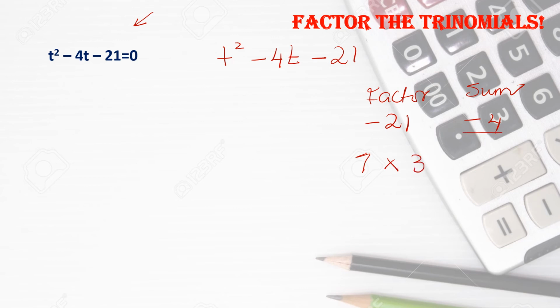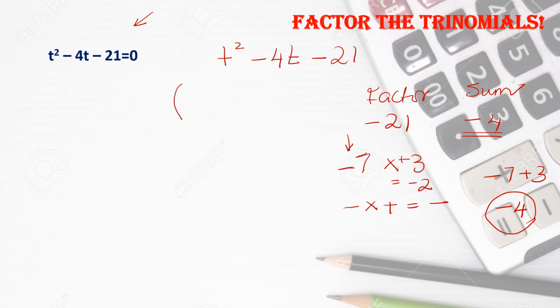Since you need a negative 4, just put a negative sign on the bigger number and a plus sign on the smaller, because minus times plus will give you negative. So you get negative 21 on multiplying, and negative 7 plus 3 will give you negative 4, which is your desired b term.